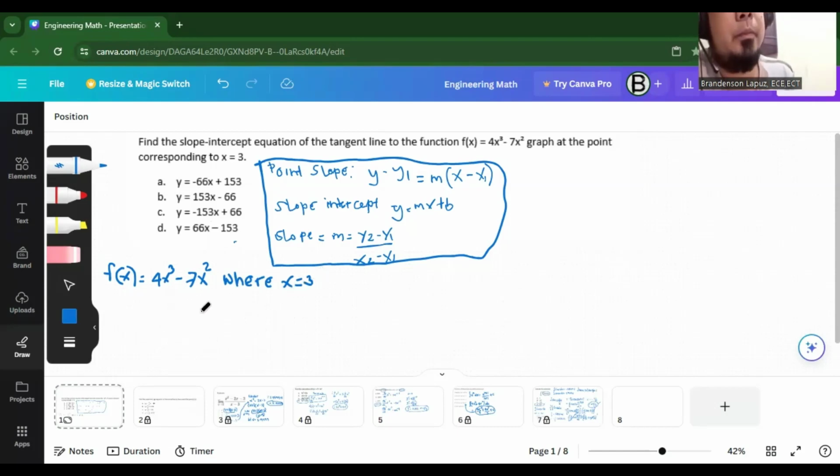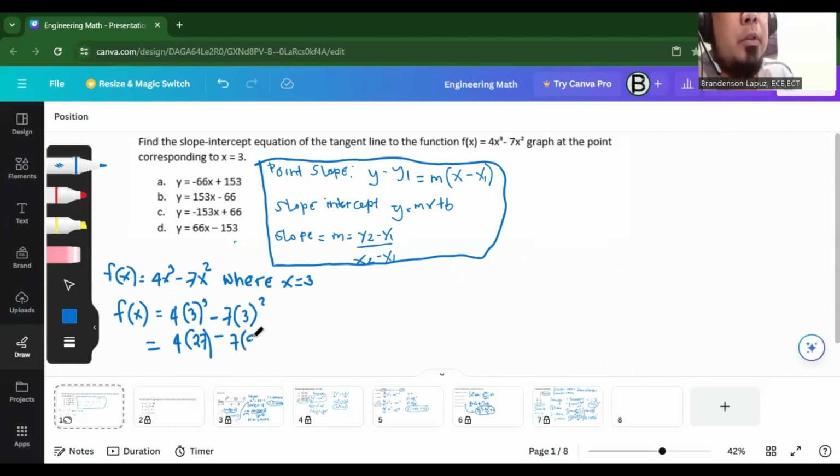Then for f of x, we substitute the 3. So 4 times 3 cubed minus 7 times 3 squared is equal to 4 times 27 minus 7 times 9.